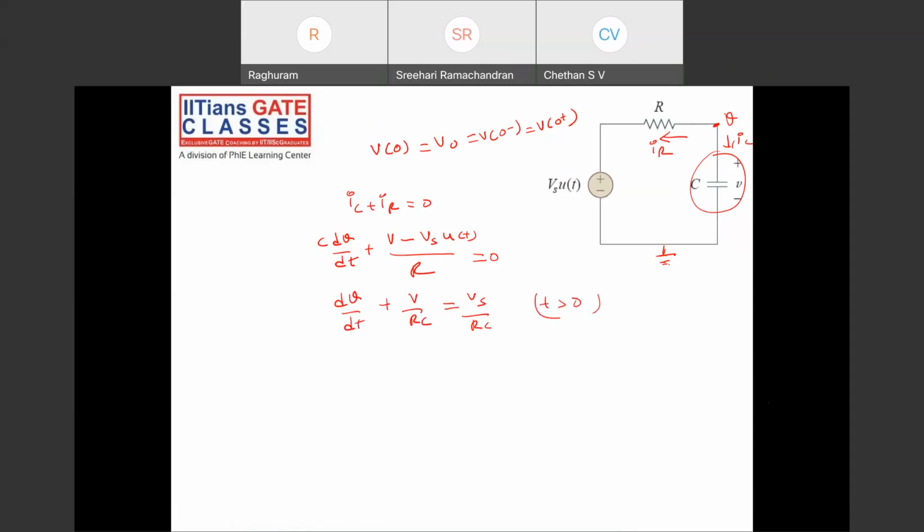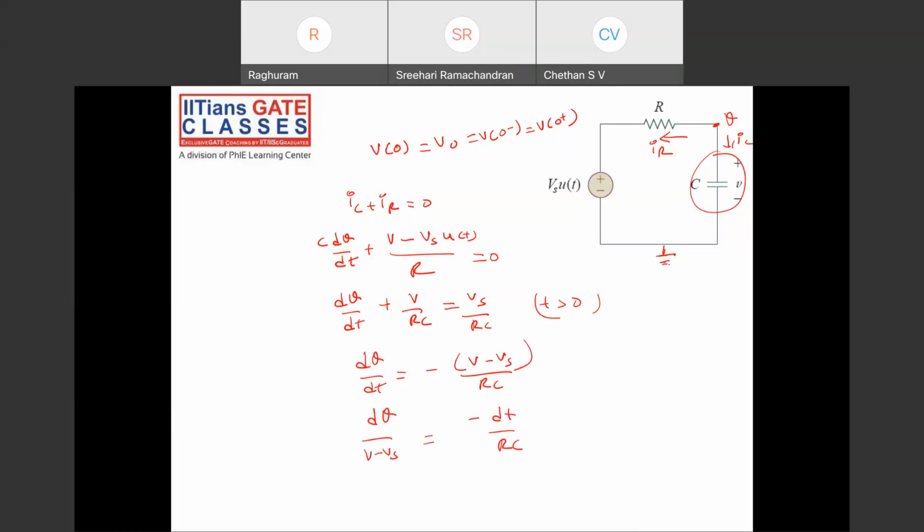U of t can be replaced as t greater than 0. dV by dt is equal to minus of V minus Vs by RC. Correct? So dV by V minus Vs is equal to minus dt by RC.